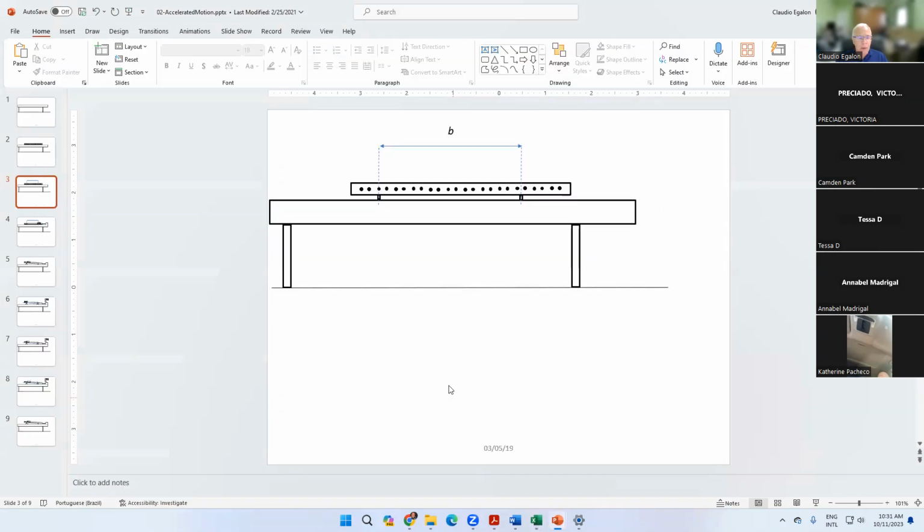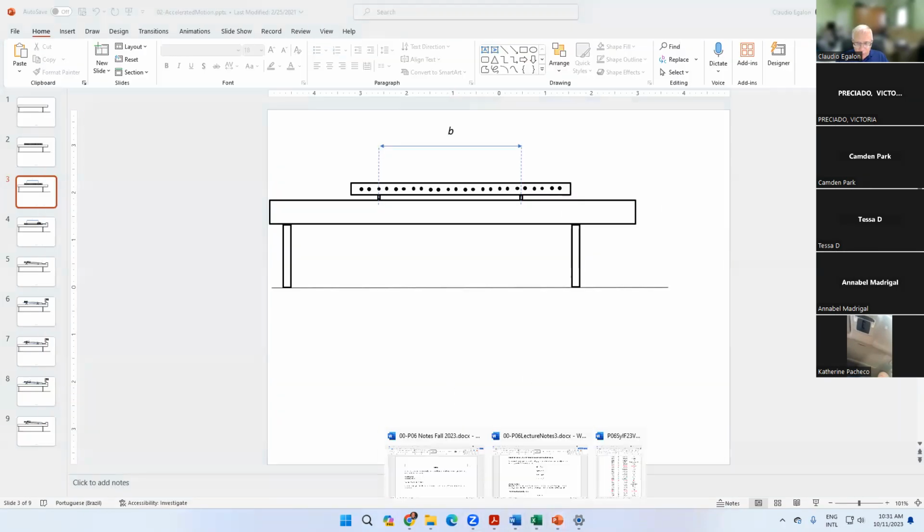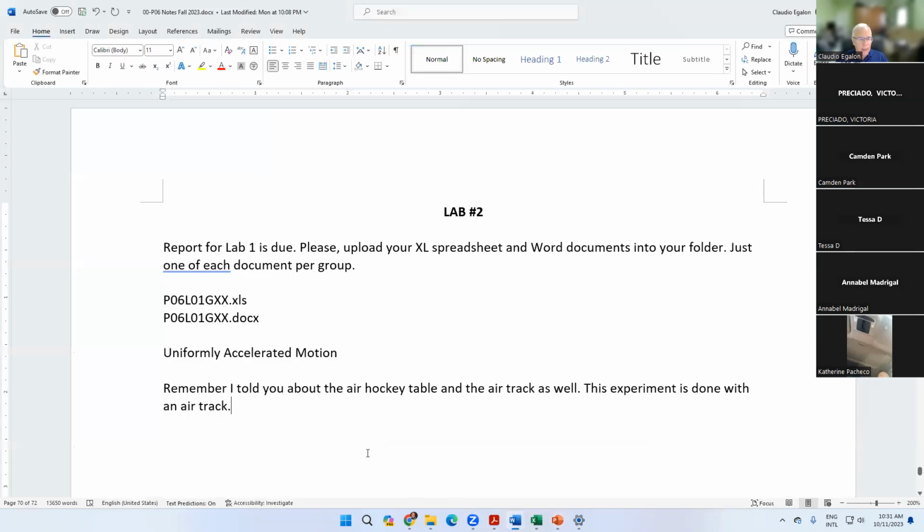Roughly 1 meter. So in this experiment, we use the following equipment. 1, air track. 2, ruler.